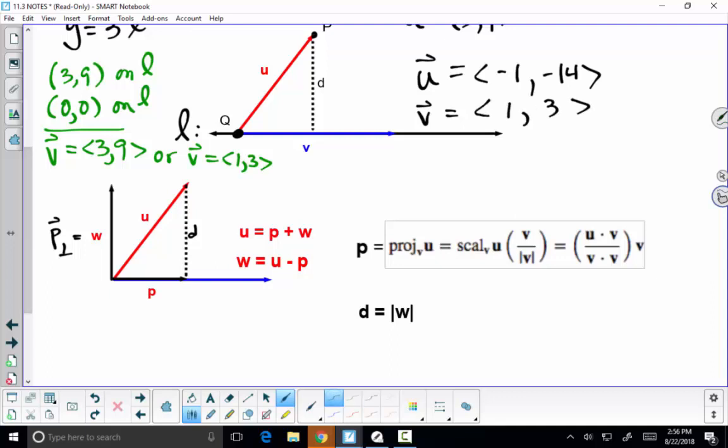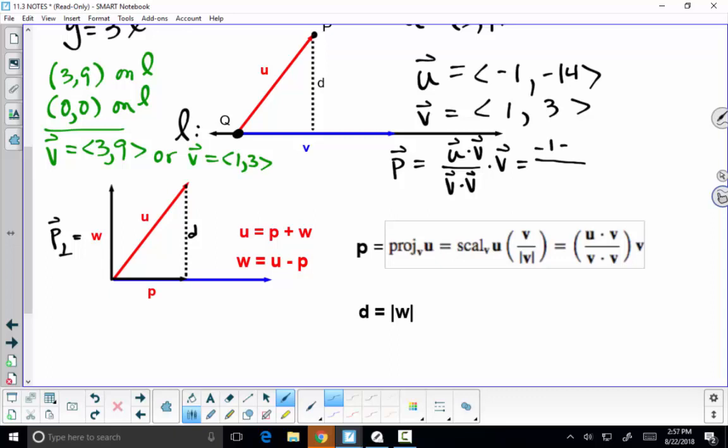So now the projection vector p is going to be u dot v divided by v dot v times v. So u dot v, -1, -52.